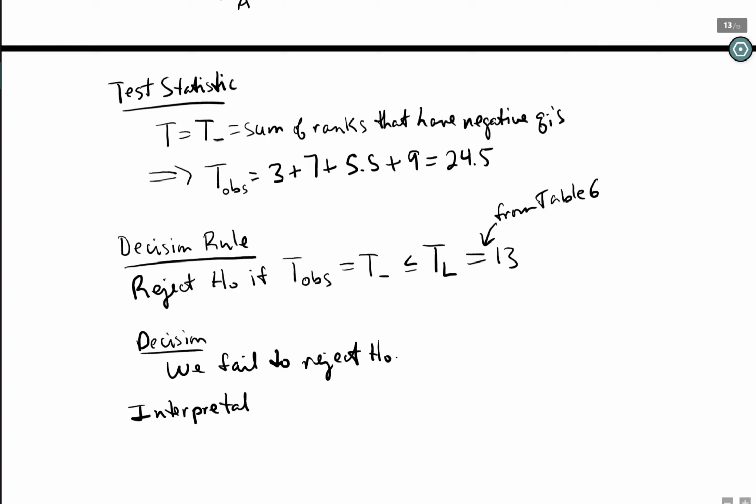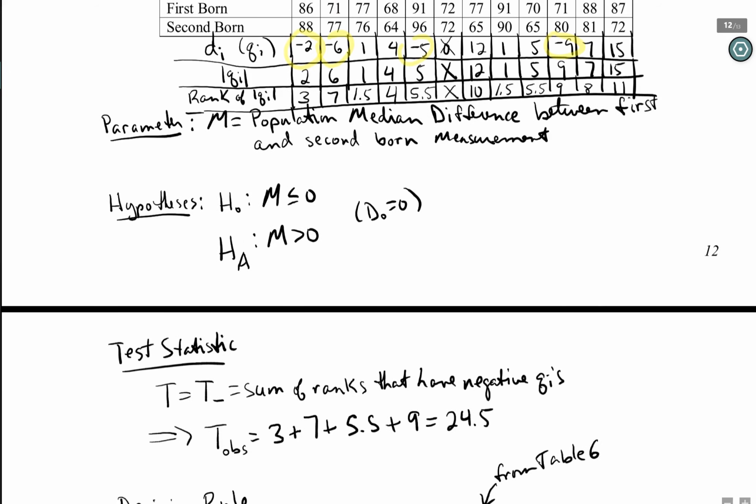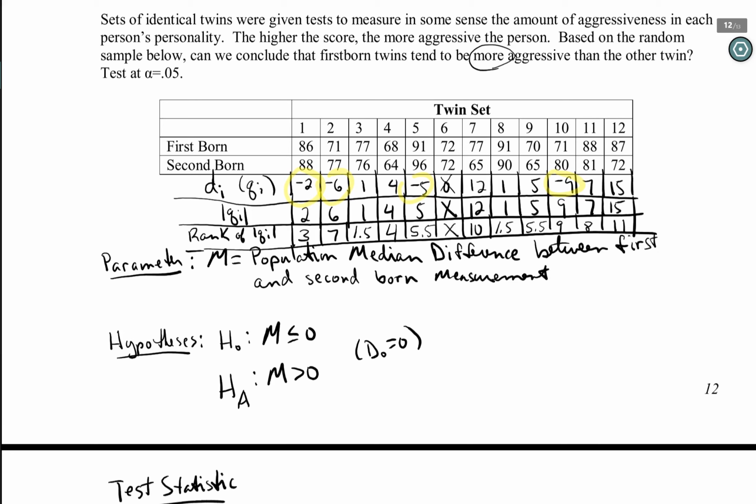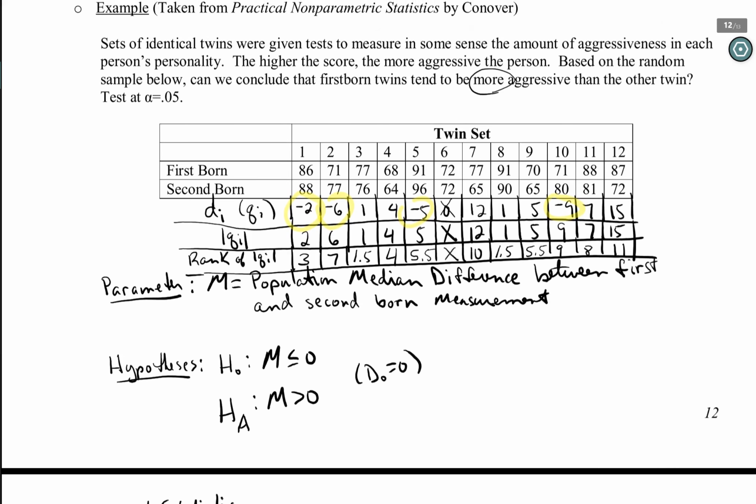Well, it's almost like an inconclusive interpretation. We don't have strong evidence to support the alternative. Now that doesn't mean we have strong evidence for the null either. What it means is that we just didn't have overwhelming evidence to go from the null to the alternative hypothesis, and so it's almost like an inconclusive result.